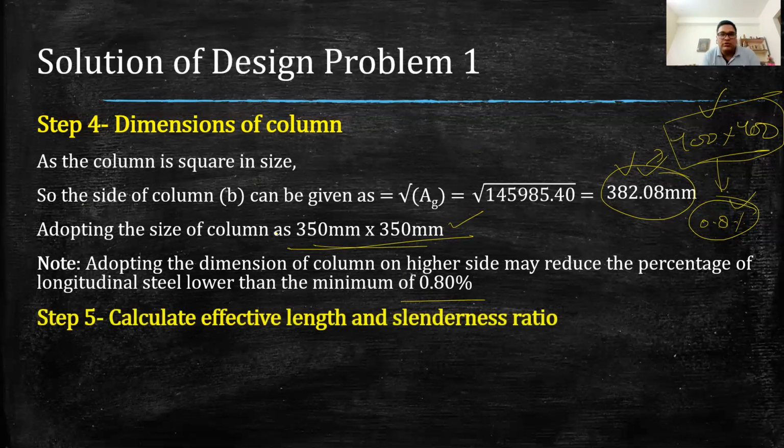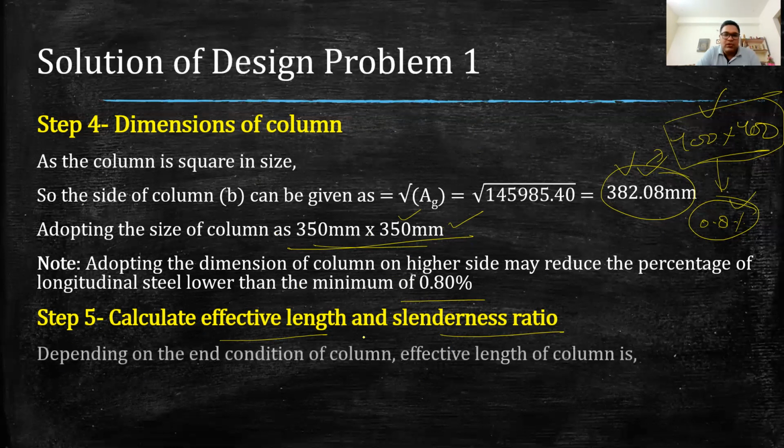Now, once we have fixed the dimension of the column, we will move to the next step, which means we are supposed to find out the effective length and ultimately the slenderness ratio to check whether our column is a short column or long column. We know that effective length depends on the end conditions. As I have explained at the start of the problem, our column is fixed at its ends.